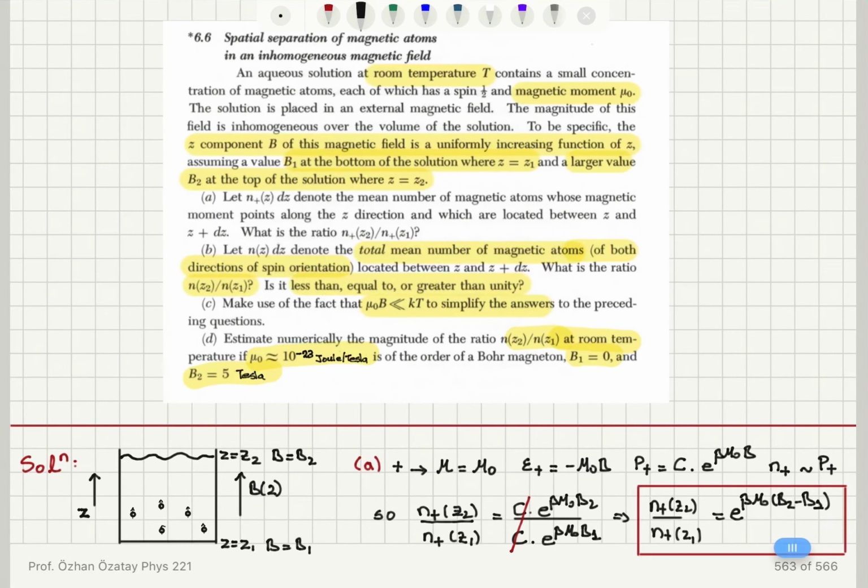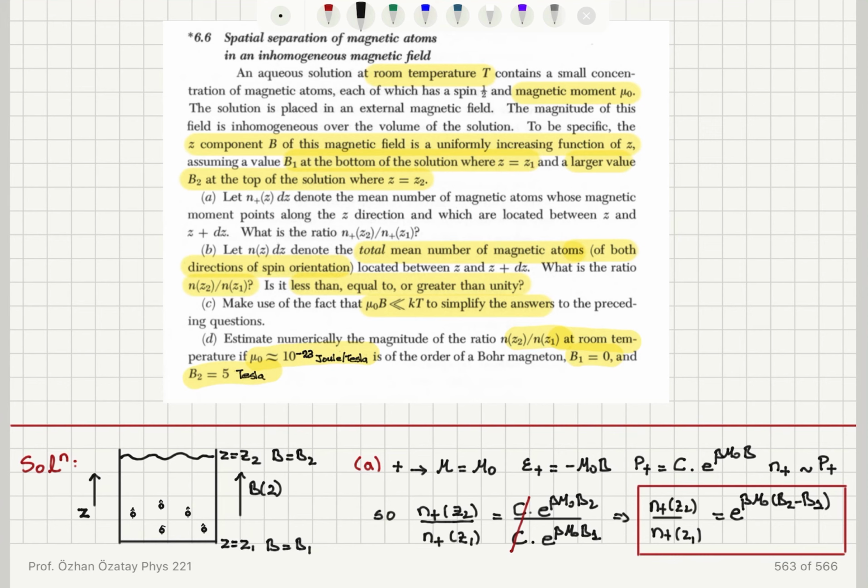Now, we have an aqueous solution. We have an inhomogeneous distribution of magnetic atoms. They each have magnetic moment mu 0. The magnetic field is inhomogeneous. It varies as a function of z, a linearly increasing function of z. Minimum value at the bottom, z equals z1, B is B1.